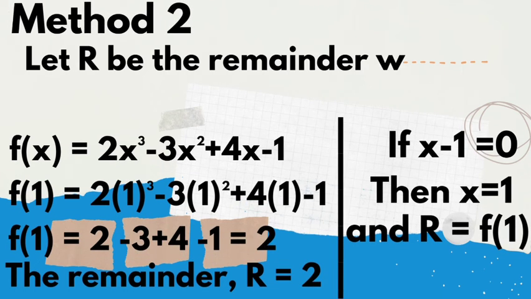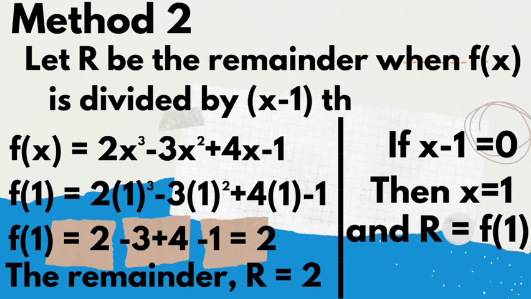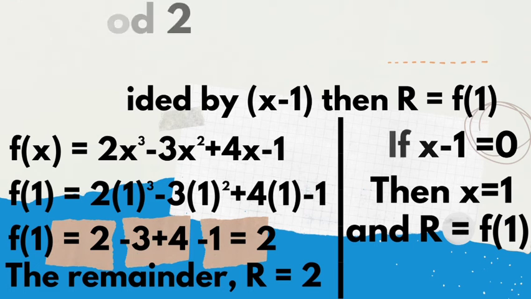Method 2. Now in method 2, we are going to equate divisor to be equal to 0. And in this question, the divisor is x minus 1. Then x minus 1 is equal to 0, therefore x is equal to 1. To get the remainder is the same thing as f of 1, because the polynomial f of x is equal to 2x raised to 3 minus 3x squared plus 4x minus 1.